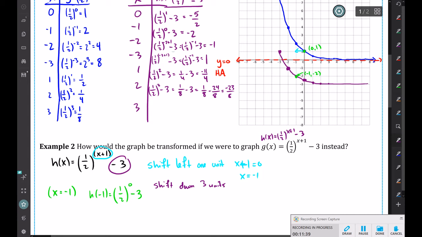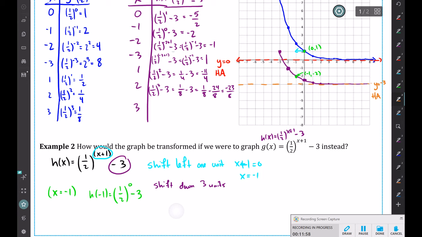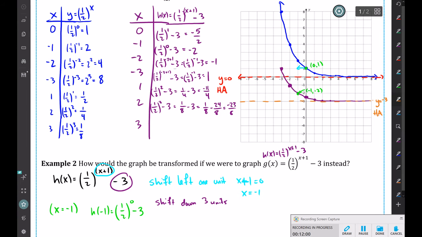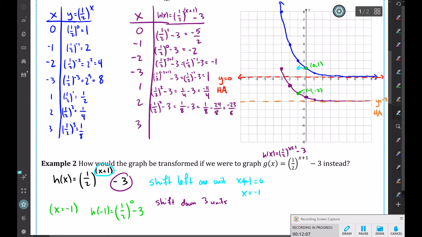So it's not that surprising that the horizontal asymptote of this new shifted graph is y equals negative 3, because I'm just shifting the old horizontal asymptote, which was y equals 0, down 3 units. So you can look at this as taking this graph and shifting left 1 unit, down 3.